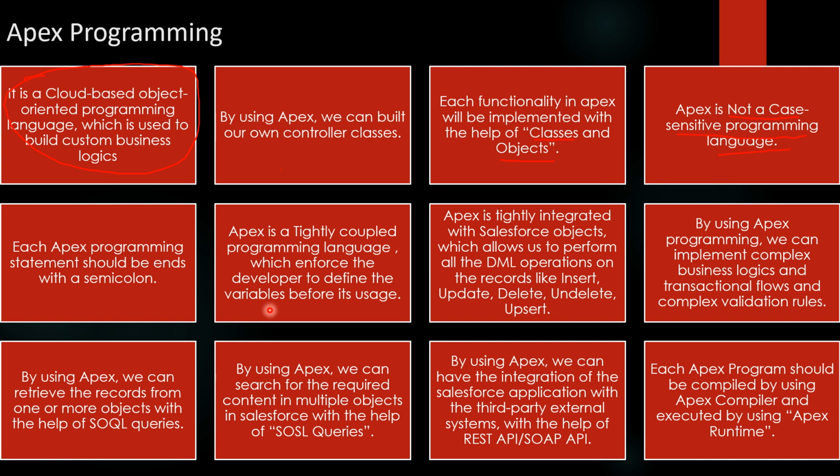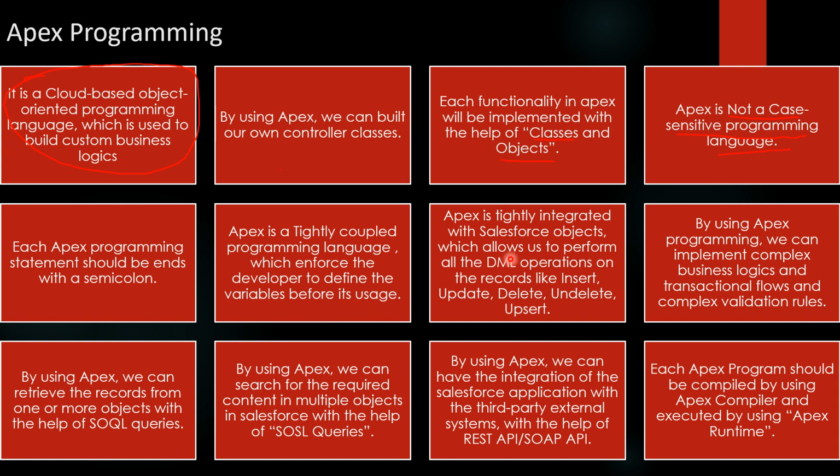The variable stores some value, some name or value, which is of a certain data type. Ideally, Apex is a tightly coupled programming language which enforces the developer to define the variable before its use.